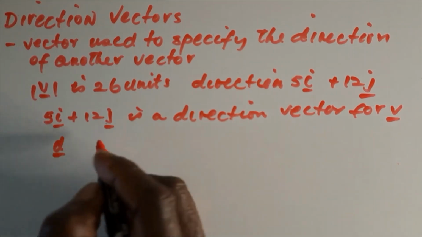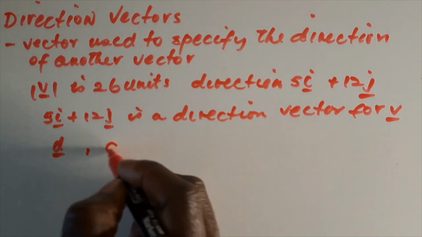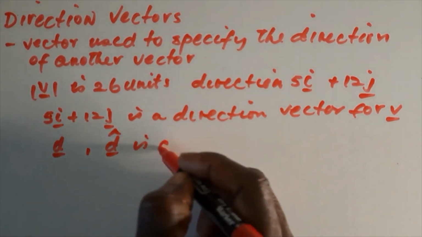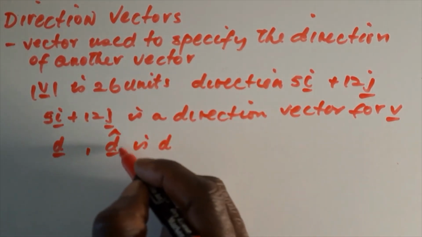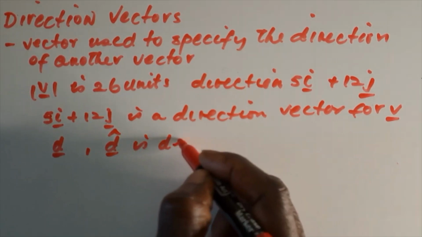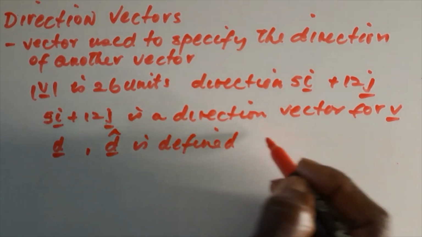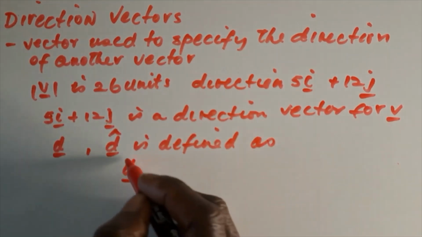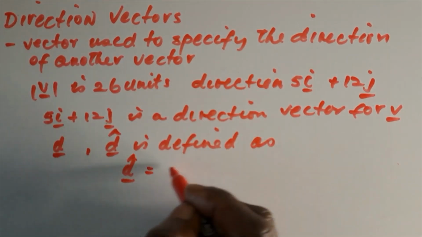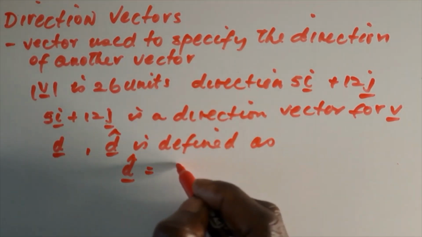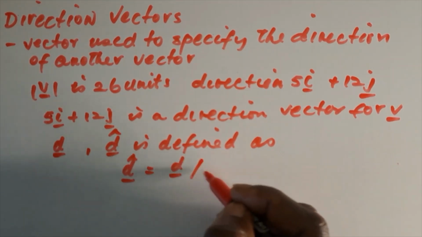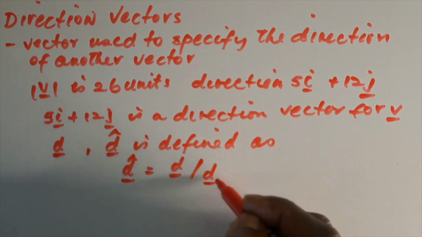But we know also that the unit vector of d, which is d hat, is defined as equal to the vector d divided by its magnitude.